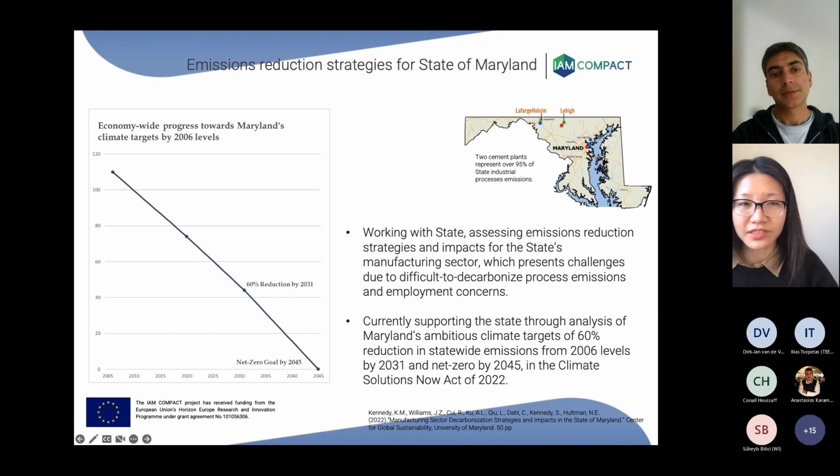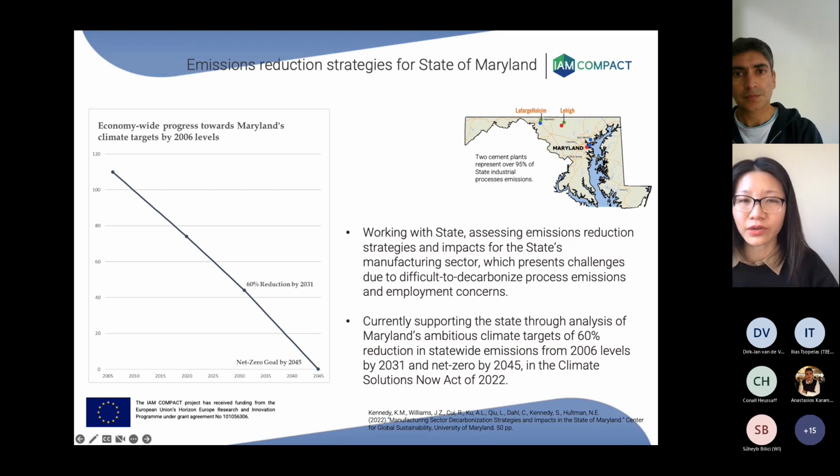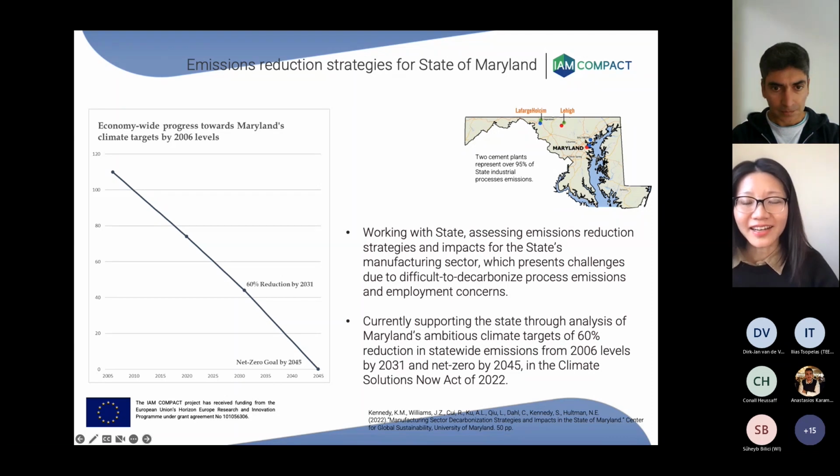We're working closely with our state to develop a concrete strategy to help them achieve the 2031 goal. For that comprehensive analysis, we did look at the state's manufacturing sector, which actually has large cement facilities operating. So we also did a manufacturing deep dive for the state earlier this year.